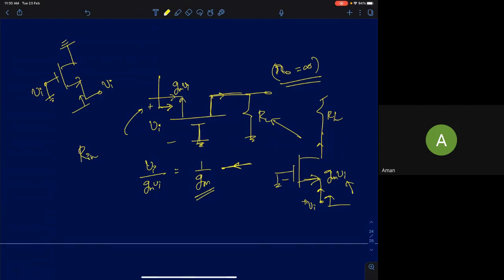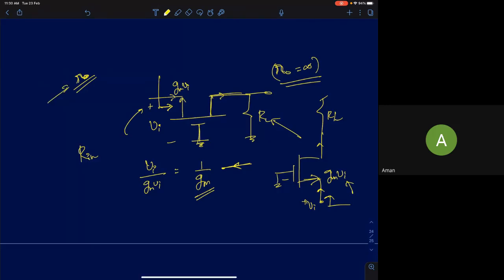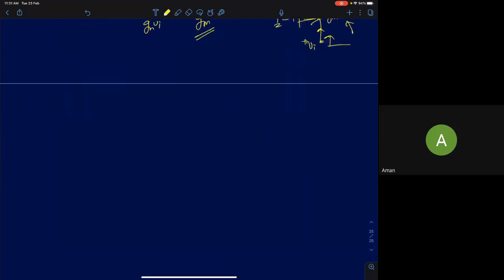What is the output resistance of common drain? It is 1 by gm, right? I'm just telling you, for comparison's sake, that this is 1 by gm. So this is a very small value, in comparison to R0. When you are comparing to resistance of the order of R0, 1 by gm is very small in comparison to that. Next thing, we'll try to find the output resistance.